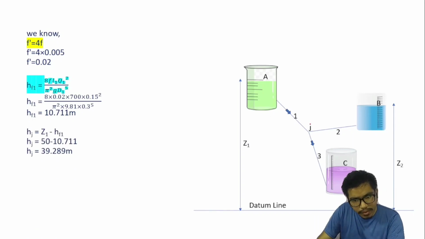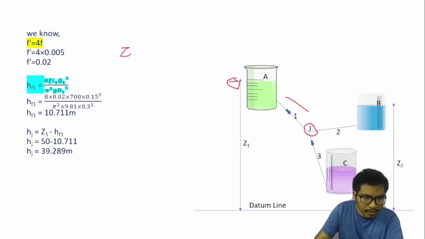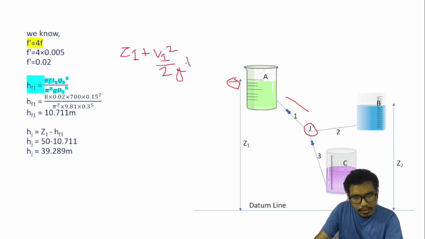And head at junction J is given by the head at this point minus the head loss in this pipe. So total head at this point is datum head Z1 plus velocity head V1 square upon 2g, and pressure head P1 upon rho g or gamma.